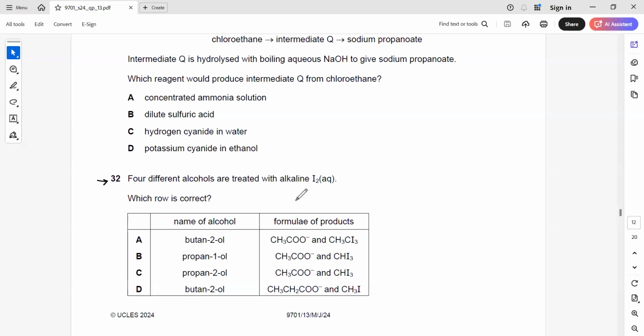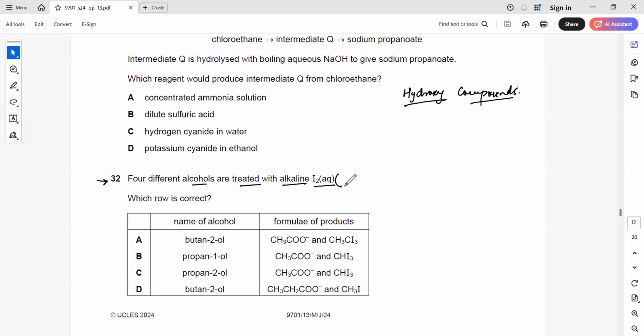Okay, in this session, we are going to discuss the multiple choice questions of hydroxy compounds, right? Hydroxy compounds are basically alcohols. In this question, they are saying four different alcohols are treated with alkaline aqueous I2 solution.